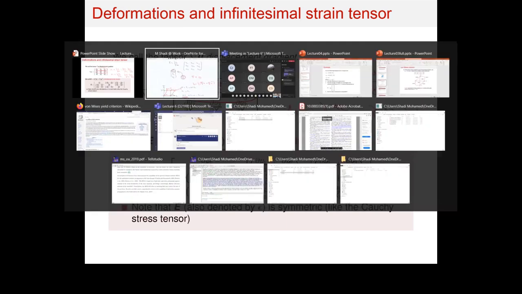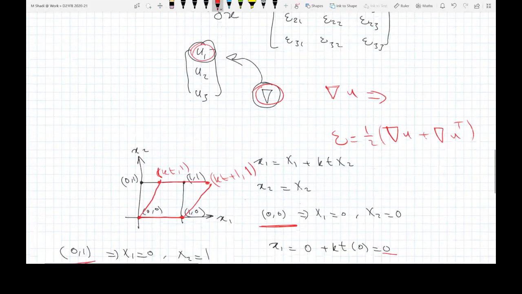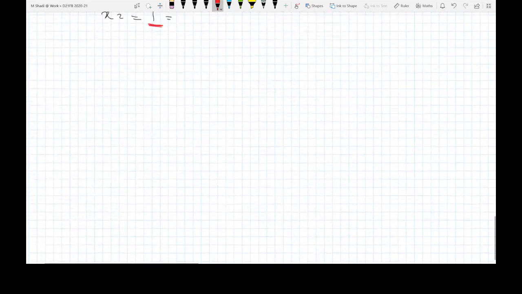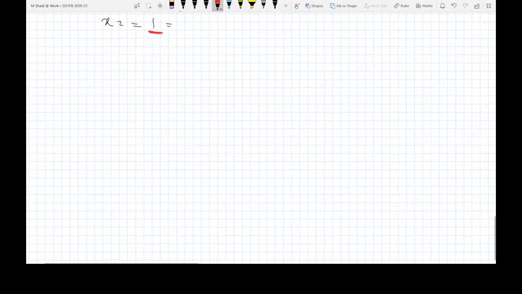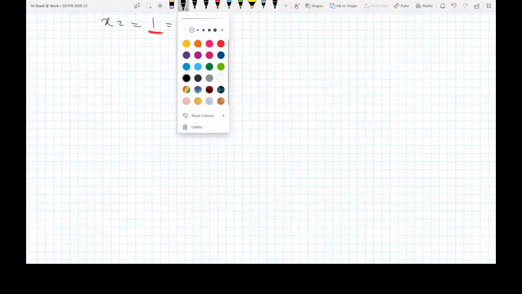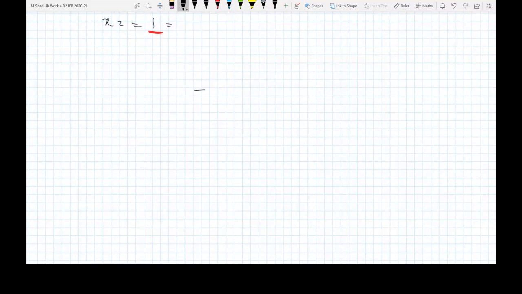So you are not going to use the gradient operator for anything except for the strains. But I want you to remember that the gradient operator itself is a general operator. So applying this operator to a function is different than applying it to a vector.